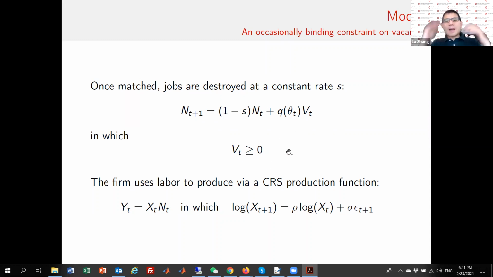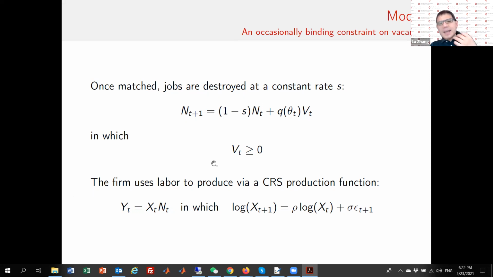The number of vacancies has to be non-negative in our simulations. This vacancy constraint can actually be binding, although with very small probability. For numerical accuracy, we choose to impose this restriction.